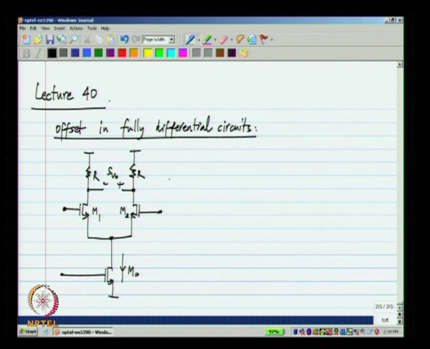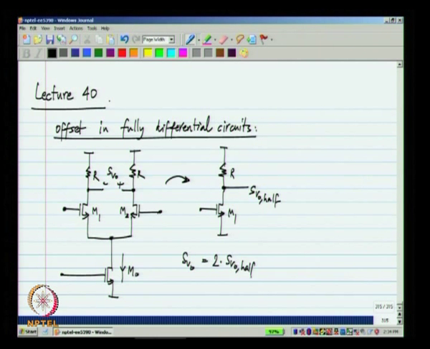Okay. Now, we take the half circuit and calculate its output noise voltage spectral density. Let me call it SVO half. SVO will be 2 times SVO half.